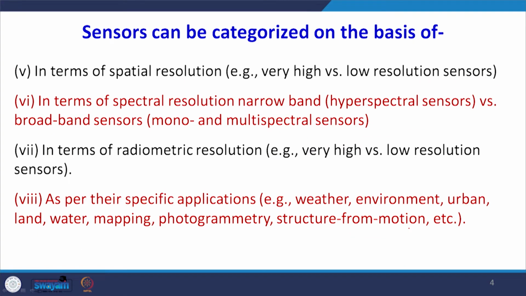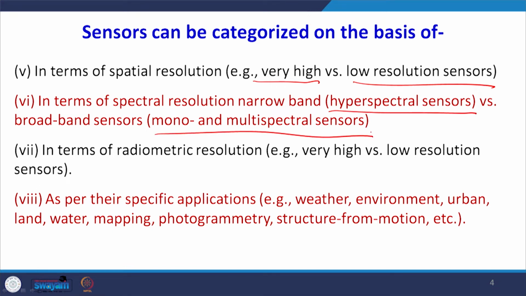Now, further we can categorize them into low resolution or high resolution. Today we have a term called very high resolution. So, very high resolution versus very low resolution, where the resolution could be 30 centimeter, 40 centimeter to more than 1 kilometer, and that is the kind of range which is available to us. In terms of the spectral resolution, we call them hyperspectral sensors and mono and multispectral sensors.